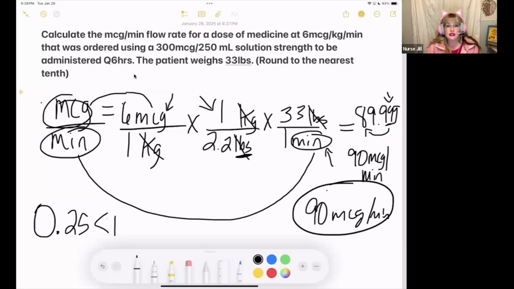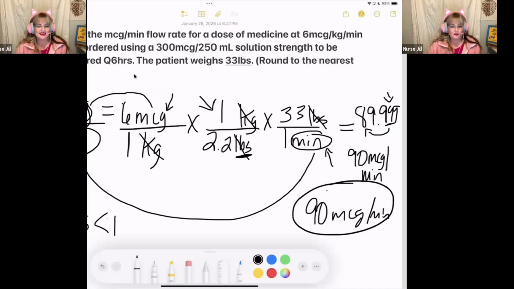So this only wants to know the micrograms per minute. So the here and now, how many micrograms am I going to give my patient per minute? Not how many micrograms am I going to give my patient over the span of a whole day. So that Q6 hours, because we're not looking for day, is a distractor as well. Let's take a look at another one.